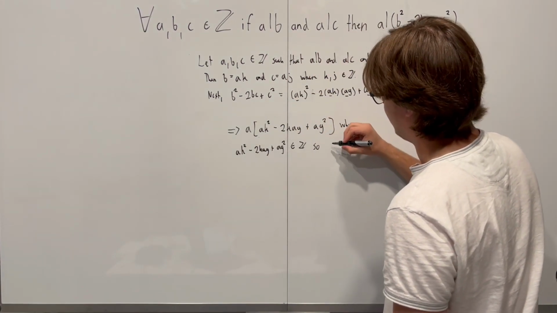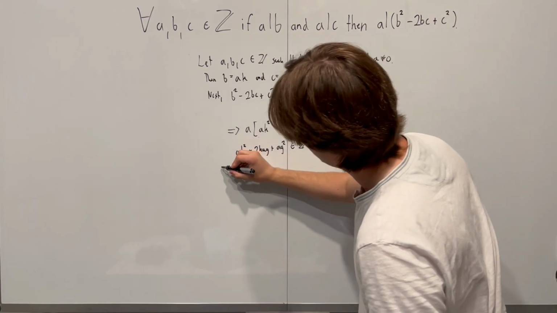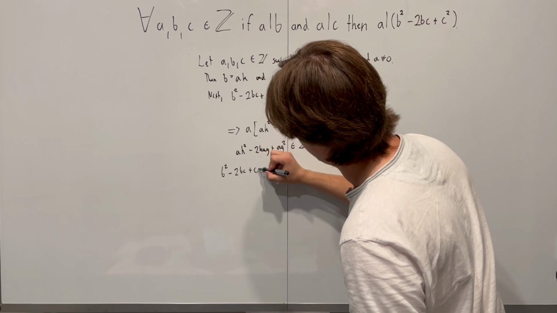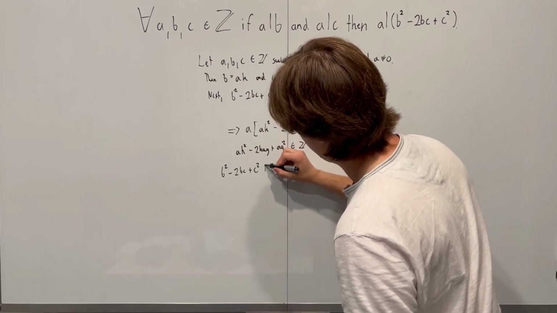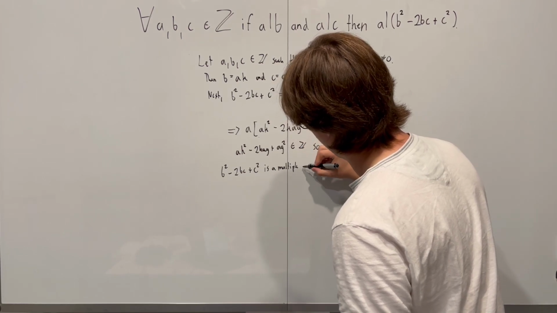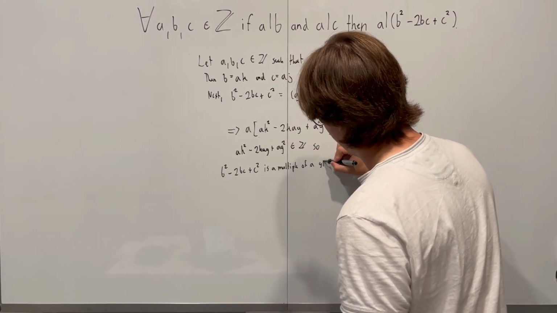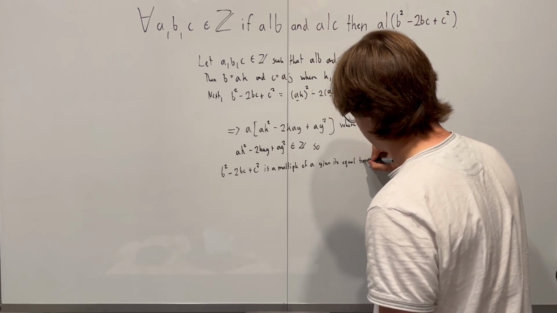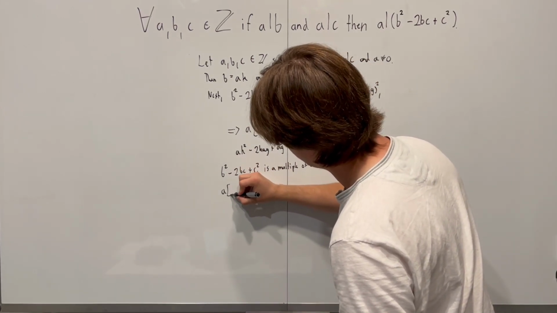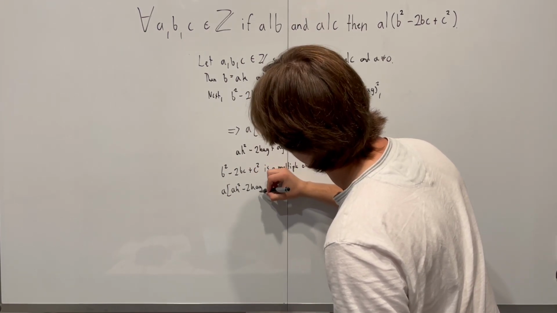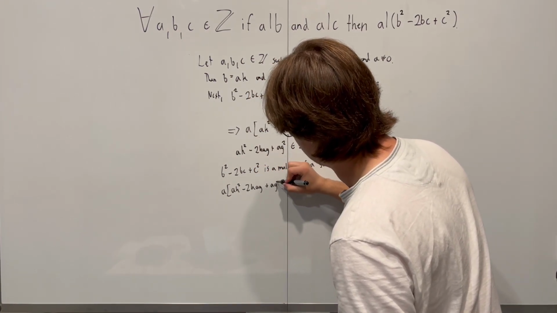So we can say b squared minus 2bc plus c squared is a multiple of a given it's equal to a multiplied by k squared minus 2kj plus j squared.